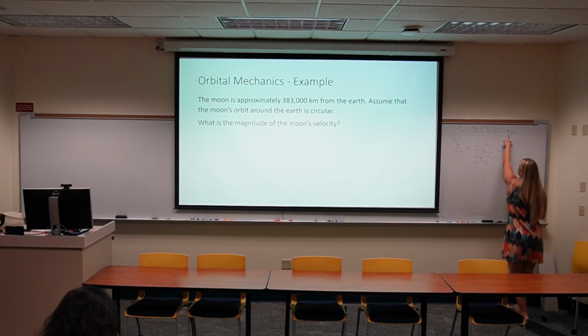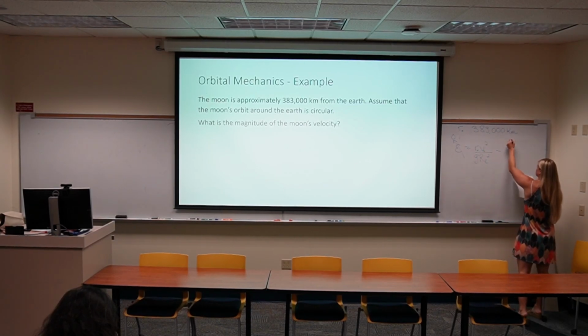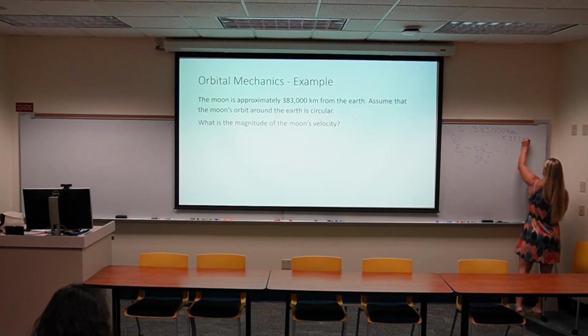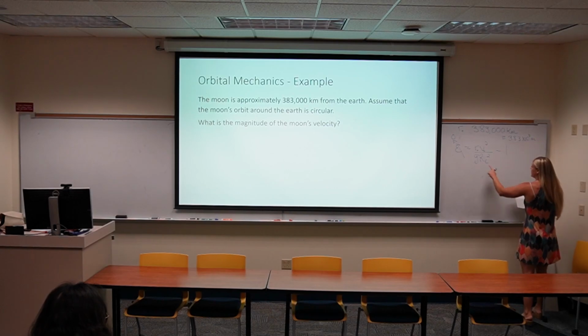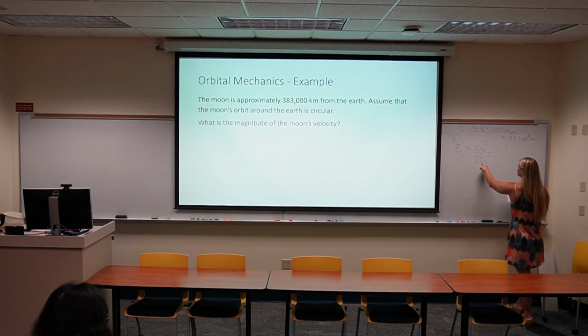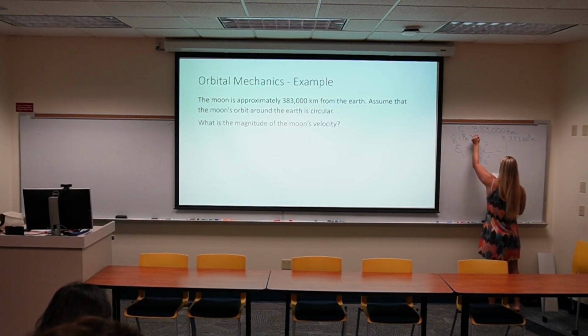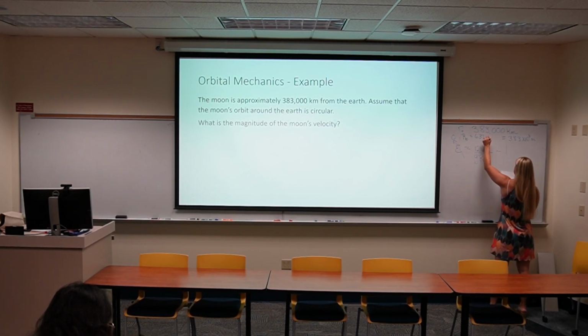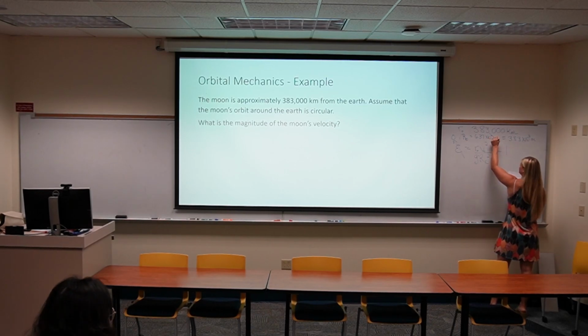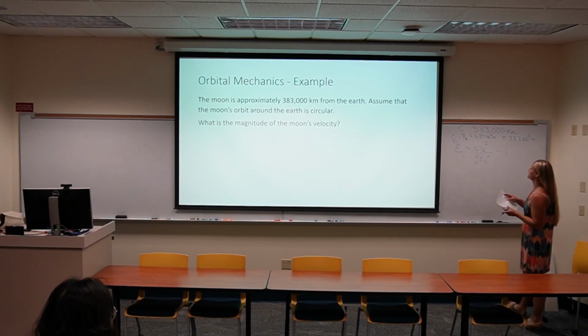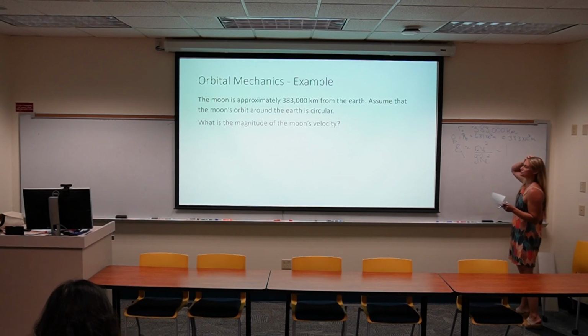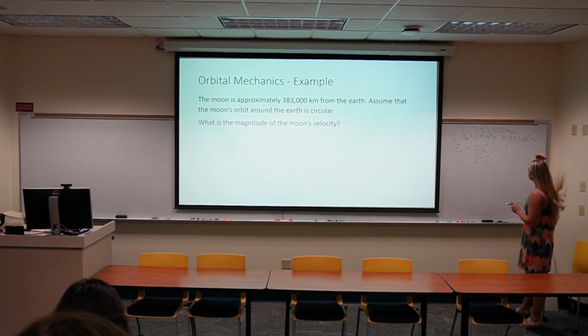We don't want kilometers, we want it in just meters. So I'm going to say that this is 3.83 times 10 to the 8 meters. What is the radius of Earth? If you don't have that memorized, I think I also gave you that in your toolbox. It is in kilometers, but we want it in meters, so just move that decimal place over.